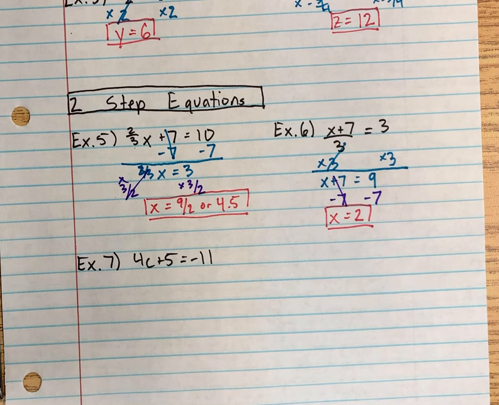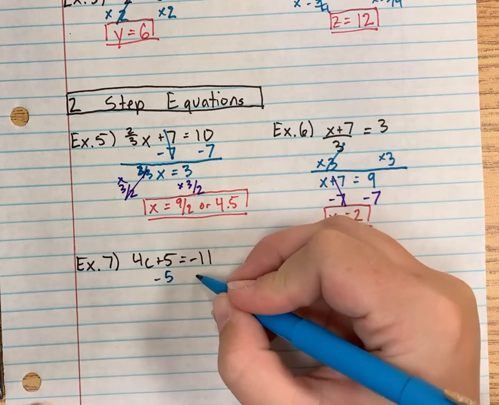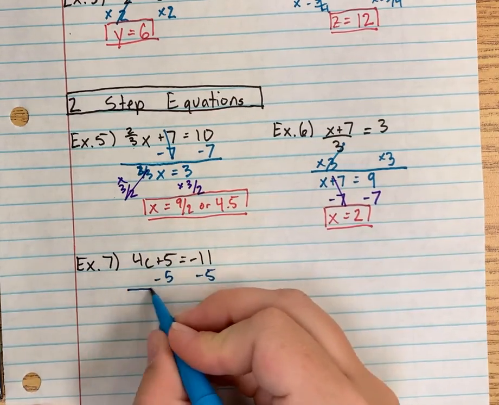All right, last example we're going to look at, and then you're going to do a Canvas check on your own to see how well you've grasped doing 1- and 2-step equations, is you're going to take this 4c plus 5 equals negative 11 and start by getting rid of the plus 5. So we're going to subtract 5 from both sides first.